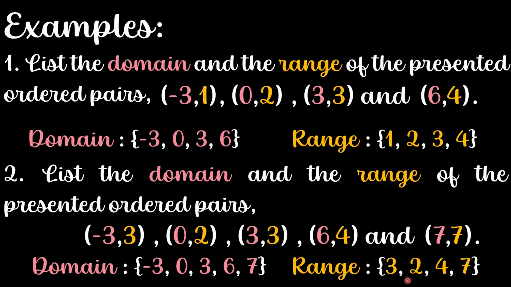Kung atong isulat ang tanang range sa presented ordered pairs, kaisa ra siya isulat. So, 3 here, kaisa lang siya. 2, again, 3 diri. So, na si 3, dili na pwede na dili isulat. And 4 and 7. So, this is domain and range. Basically, si domain si x value lang din siya and si range ang y value.